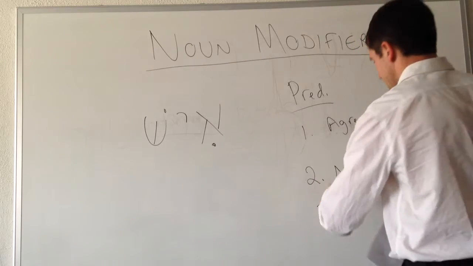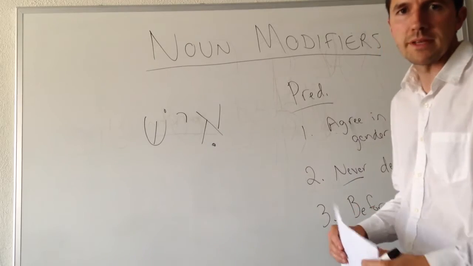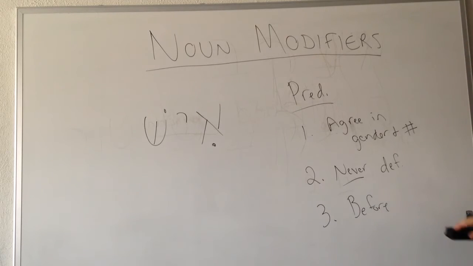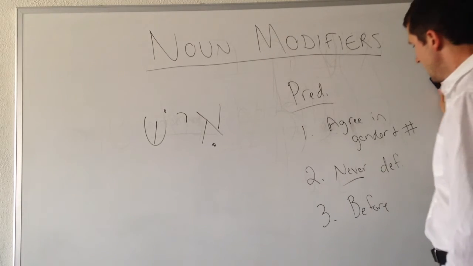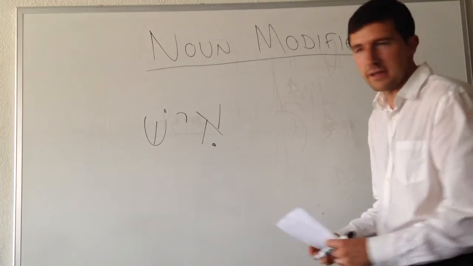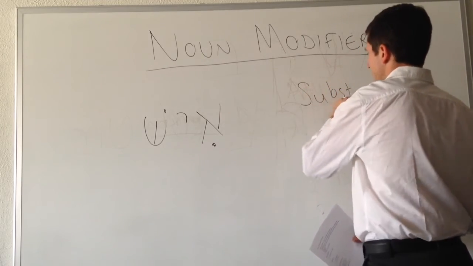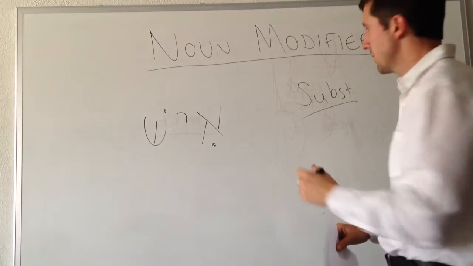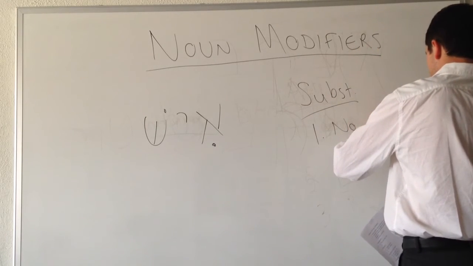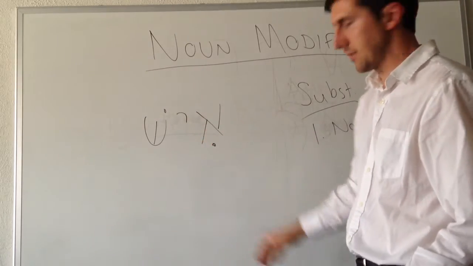And it typically comes before. It can come after, though. So these are the rules for predicative. The rule for substantive, the third type, is simply, it's an adjective, no noun. An adjective with no noun. So you won't have a noun here, you just have the adjective by itself.